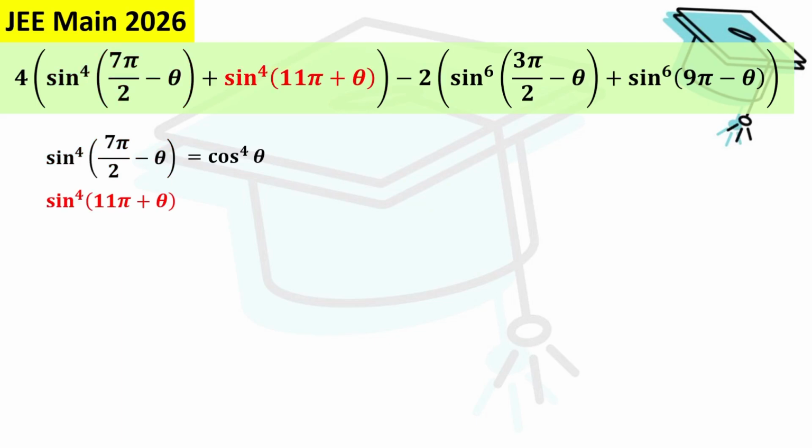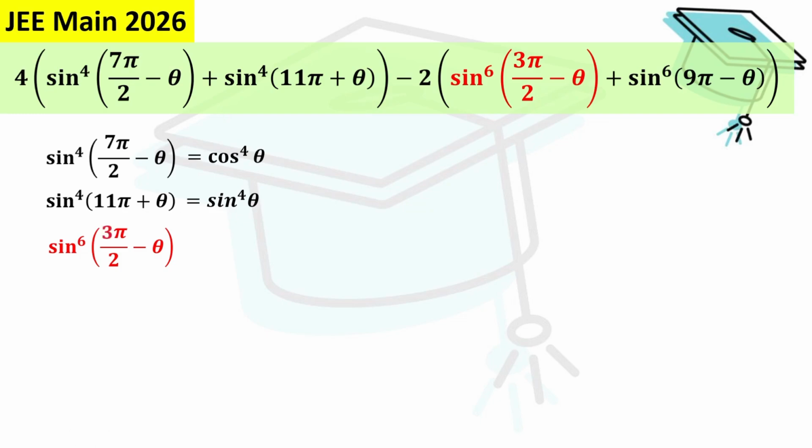Let's have a look at the next term, sine to the power 4 of (11 pi plus theta). Here 11 pi is an integral multiple of pi, which means sine remains sine only. Since it's raised to an even power, again we don't have to worry about its sign. It will stay positive. So it becomes sine to the power 4 theta. Similarly, sine to the power 6 of (3 pi by 2 minus theta) has an odd multiple of pi by 2, which is 3.